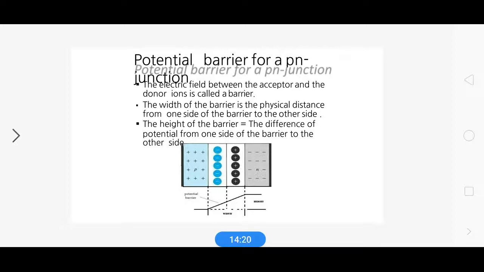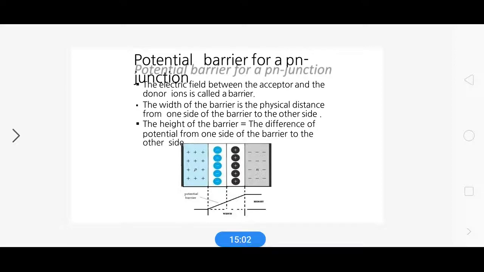Now the potential barrier for a PN junction. So, the electric field between the acceptor and the donor ions is called the barrier. How is the electric field generated here? We know that acceptor ions are negatively charged and donor ions are positively charged. So between these two ions, the electric field will be generated and is called the barrier.